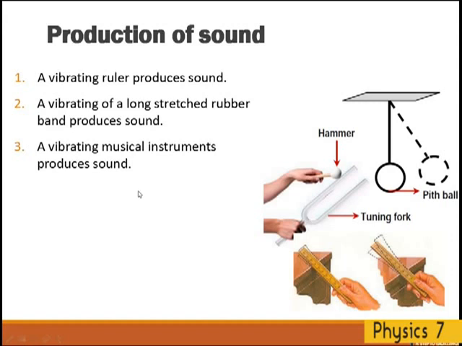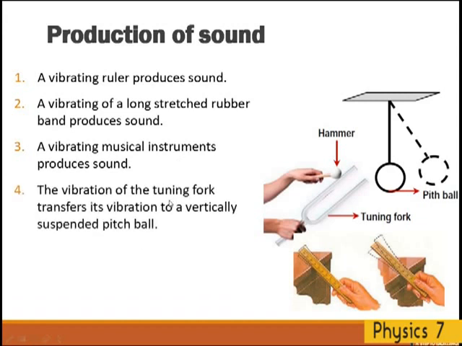And we've seen also in section 7.1 that vibrating musical instruments also produce sound. And also we've seen that the vibration of a tuning fork transfers its vibration to a vertically suspended pith ball.